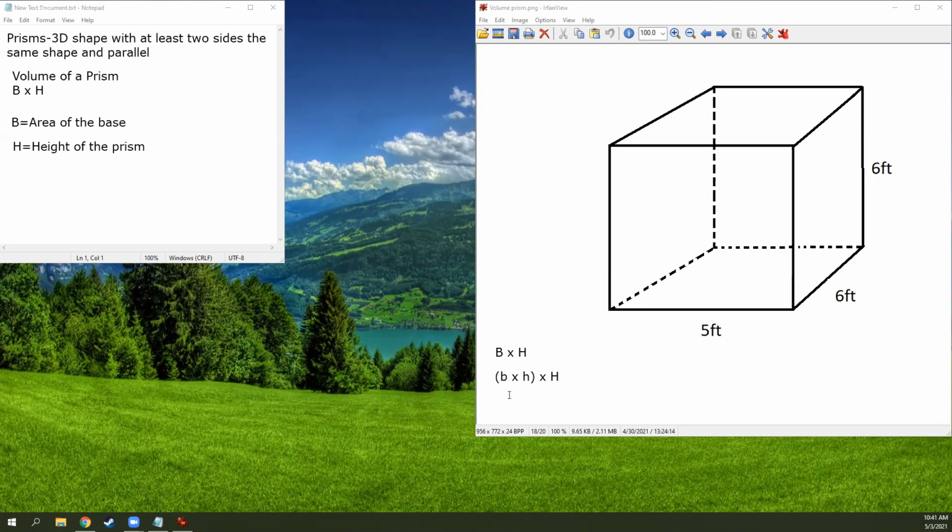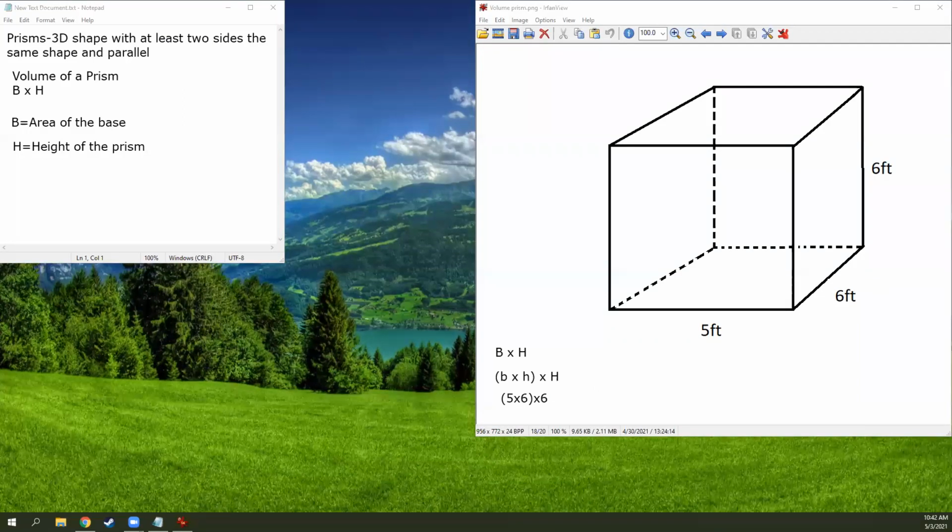Coming back over here, we need area of the base, which is base times height of the base, times the height of the prism. So all we have to do is look at the bottom here, find its area, multiply that by 6, and you're done. So we plug that in. The base of the base is 5, the height of our base is 6, and the height of the prism is 6.